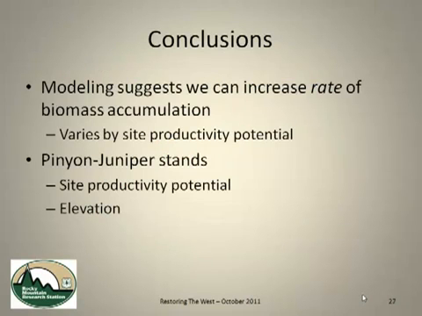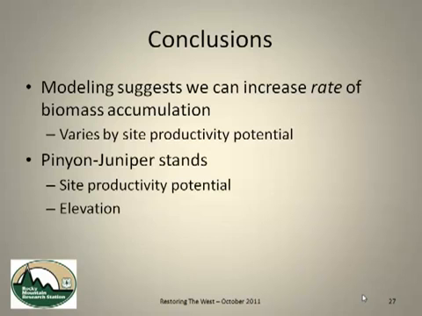In conclusion, overall, the results of the models suggest that we can increase the rate of biomass accumulation over time. Remember, we're not increasing total stand yield, but potential yield over time, the rate of growth by thinning.